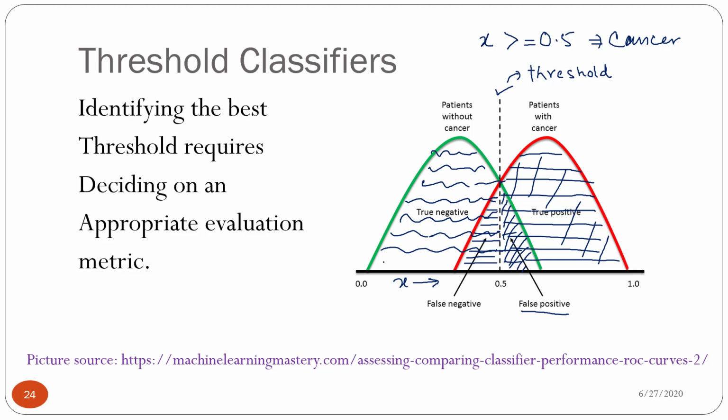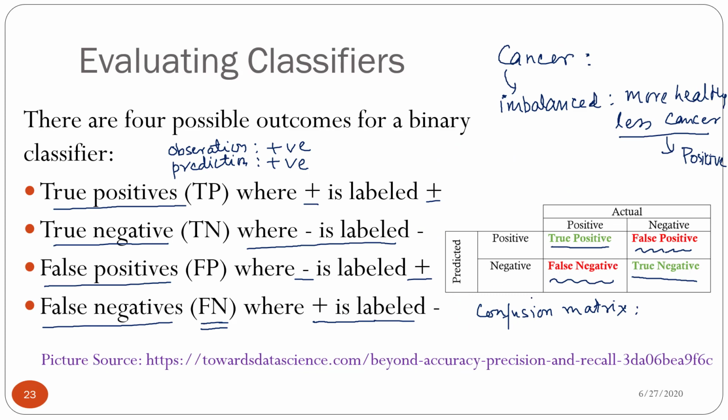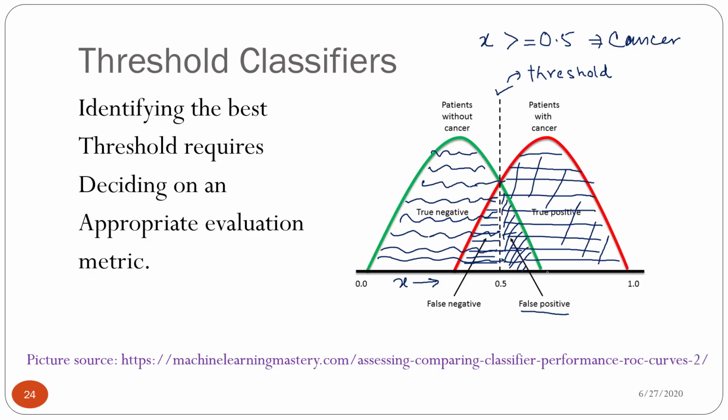Why true negative? Because these are actually negative and are also being classified as negative by this threshold. So this is another way of looking at the confusion matrix, but right here we are looking at the distribution and threshold. Okay, good.